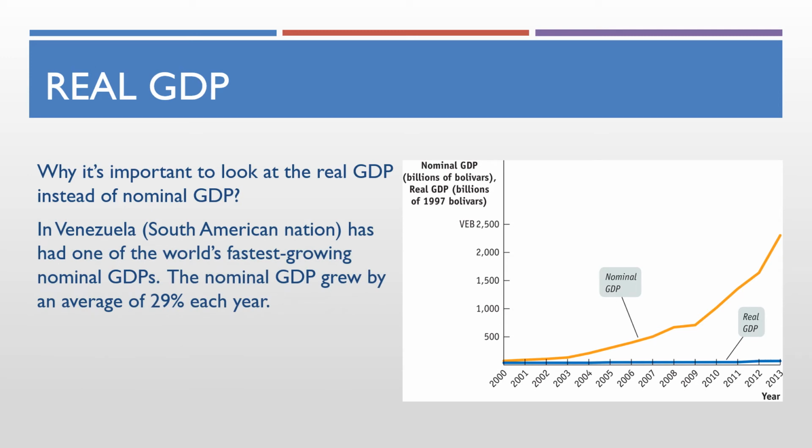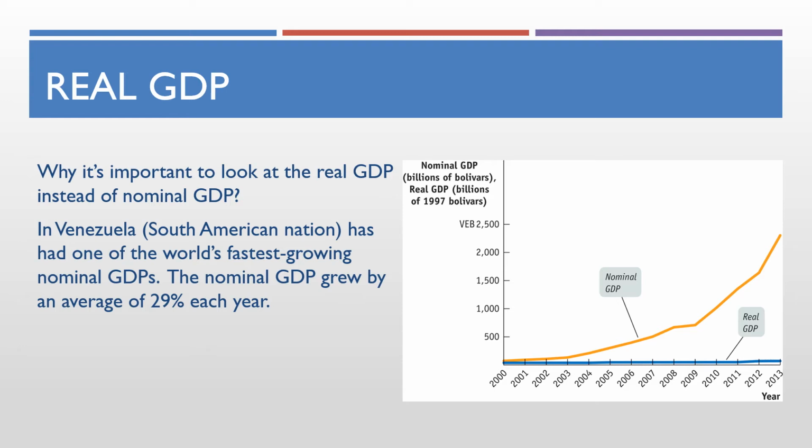So this graph is actually a representation of the GDP growth in Venezuela in South America. Some journals represent this graph with nominal GDP, trying to indicate how successfully Venezuela grew in that period of time. But in fact, that is not the case.